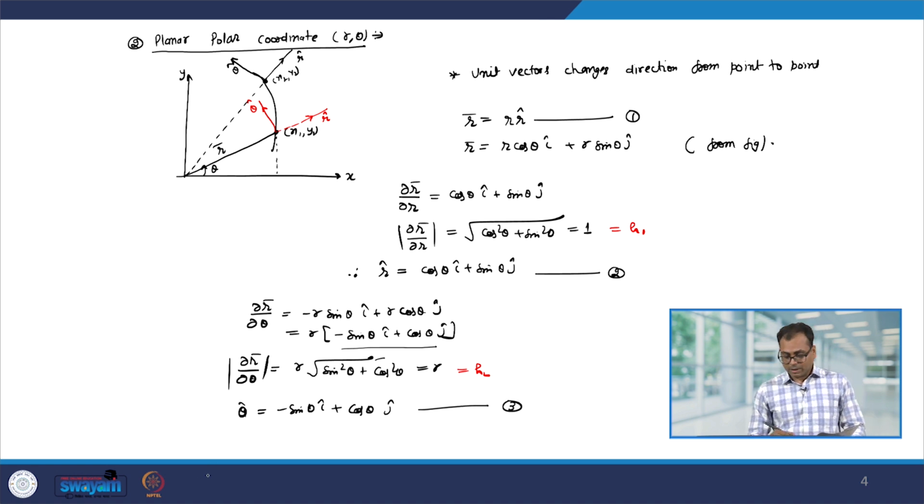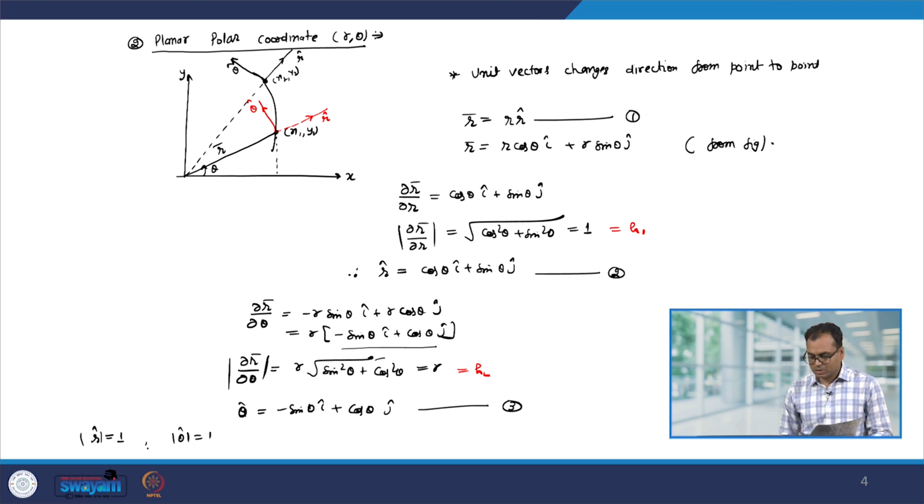So, now we got the unit vectors in terms of i and j, which are the unit vectors in the Cartesian coordinate. You can check that the magnitude of r cap, as I said, is 1, and the magnitude of theta cap is also 1. Now let us see whether r cap and theta cap are orthogonal or not. For that we have to take the dot product of r cap and theta cap.